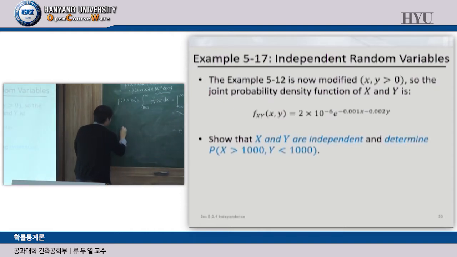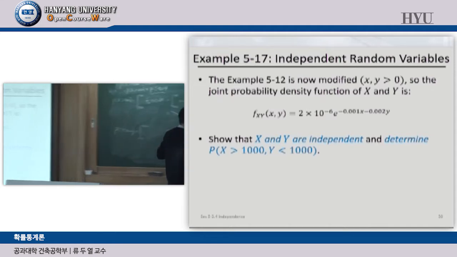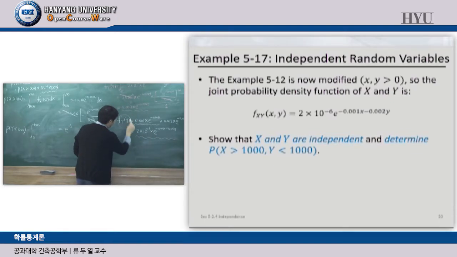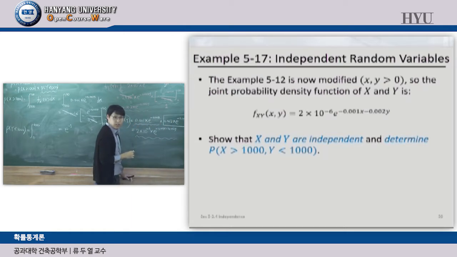And what about the probability of y when y is smaller than 1000? That is equal to the integration from 0 to 1000, right? And the marginal probability density function of y is equal to this equation, right?